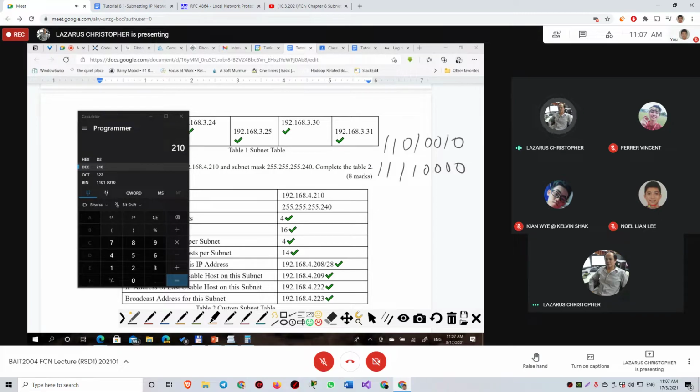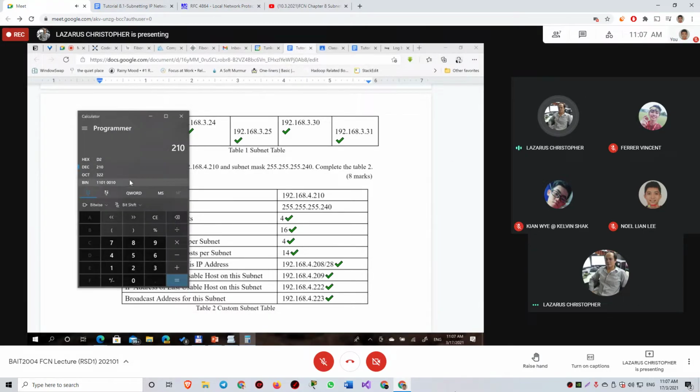The 255.255 will all give the 192.168.4 anyway. But what we are interested in is the network address for this IP, 210. So you just do the ANDing, and you get 11010000. Once we get that, we just find out what address that is.